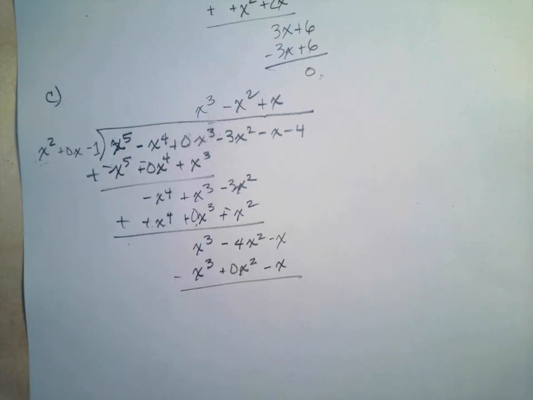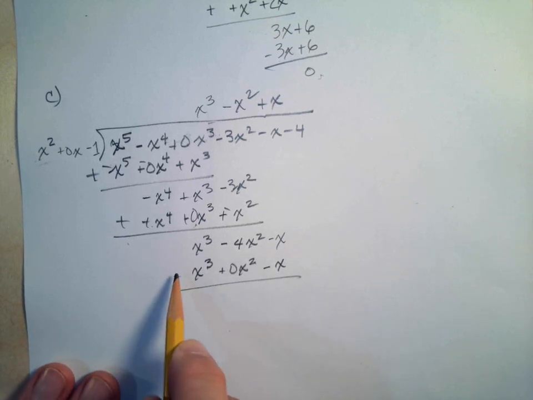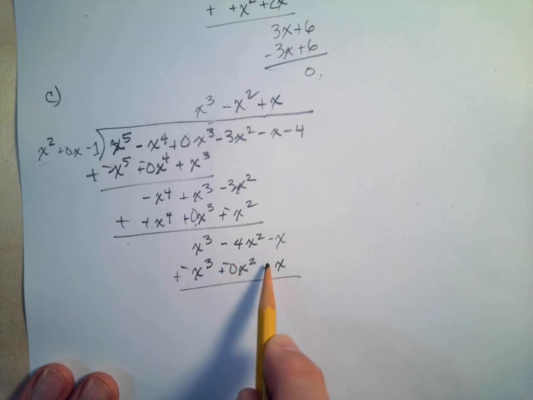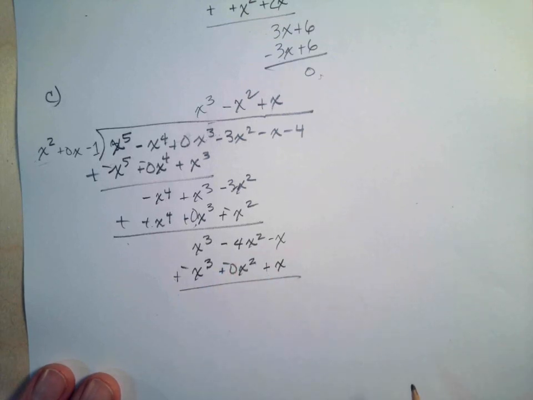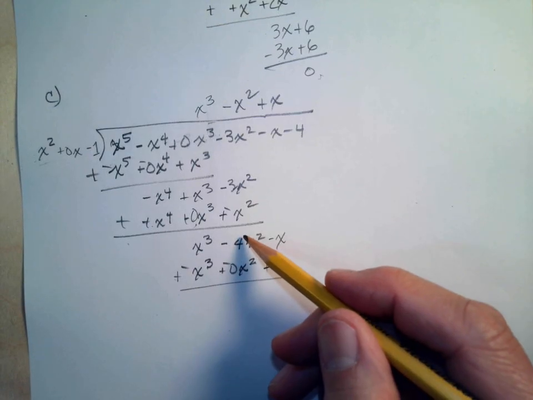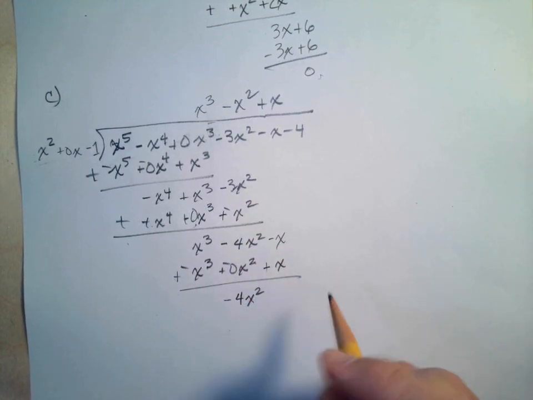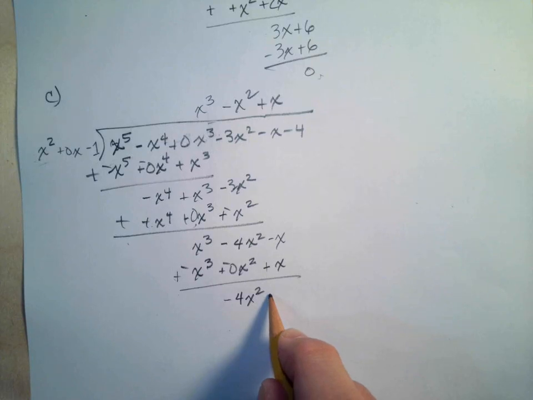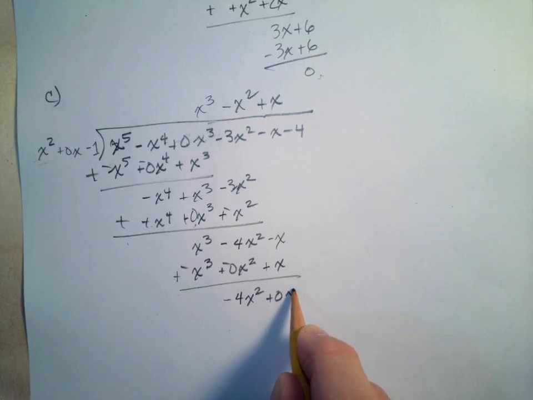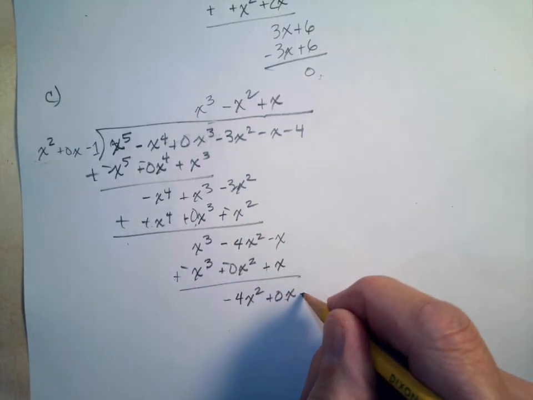And I subtract. But rather than subtract, I'm going to add the opposites. All right, this gives me negative 4x squared. This gives me a 0 plus 0x. And I bring down the next term, negative 4.